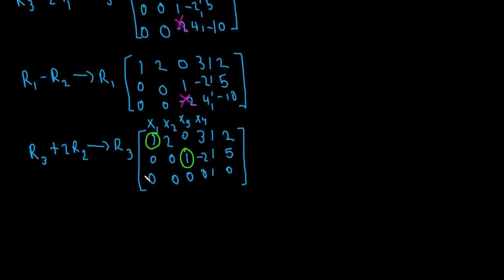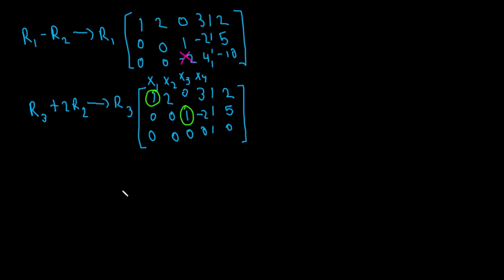So the first thing we'll do is write out what our free variables are equal to. Let's make x2 equal to t, where t is some real number, because we need to make x2 a free variable. Let's make x4 equal to s, where s is some real number, because x4 is also a free variable. And we can now describe the solutions for x1 and x3 in terms of these free variables.